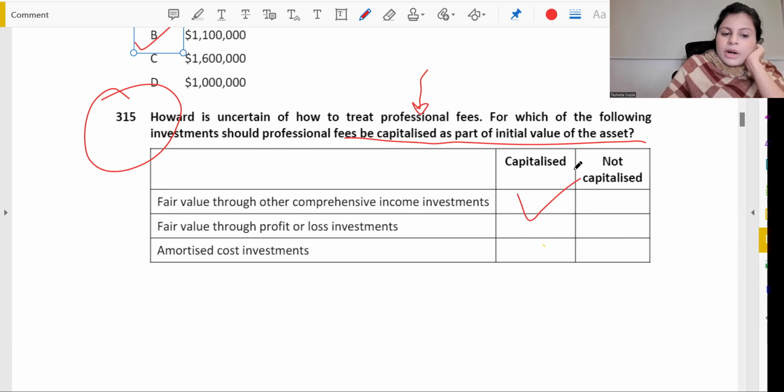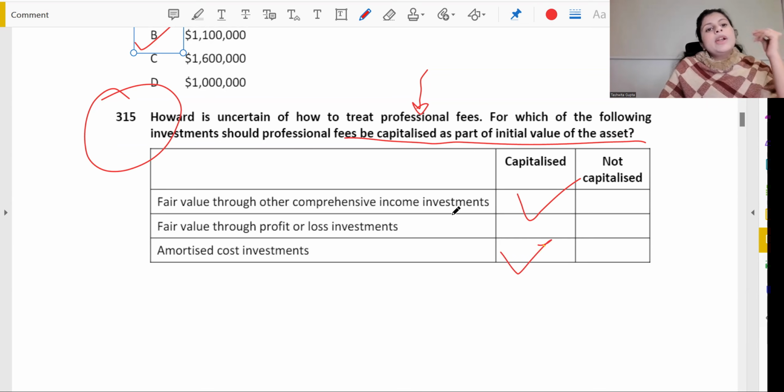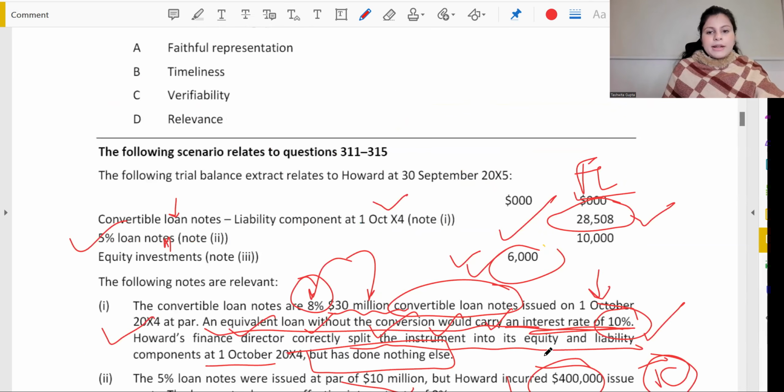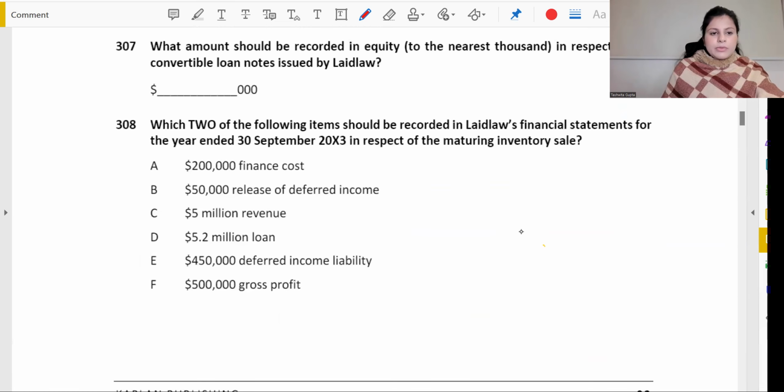When I keep it under amortized cost, do I capitalize the transaction cost? Yes. When I keep it under fair value through P&L, do I capitalize the transaction cost? No, we do not. So this is not capitalized. Otherwise, it is capitalized almost everywhere. Okay, so we are done with this as well. IFRS 9, we've practiced. Let us move on now.